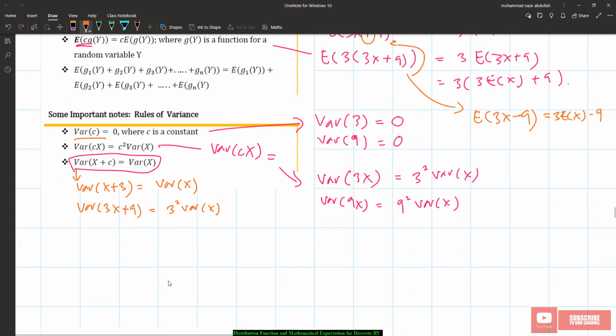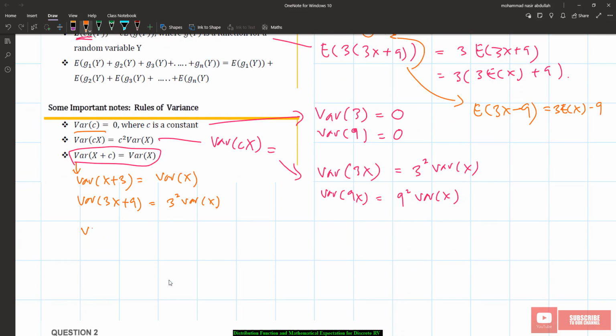Okay, what if you have variance of 3x plus 9y? We take two variables, easier to see. It should be equal to 3 power of 2 variance of x plus 9 power of 2 variance of y.